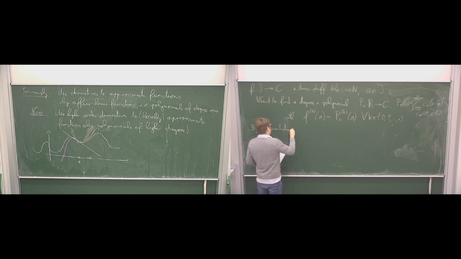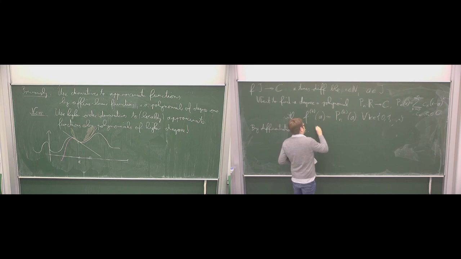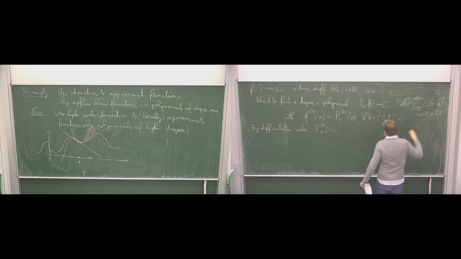So we can find a formula for the kth derivative of Pn of x, if Pn is given by this expression here. We've seen that the derivative of x to the k is k times x to the k minus 1. If we have something inside here, we can apply the chain rule. And by the chain rule, the derivative of this inner expression inside the parentheses is just 1. Namely, the derivative of x is 1, the derivative of this constant thing is 0.